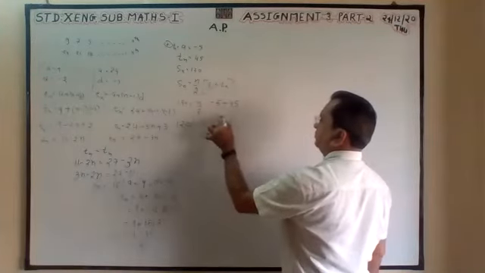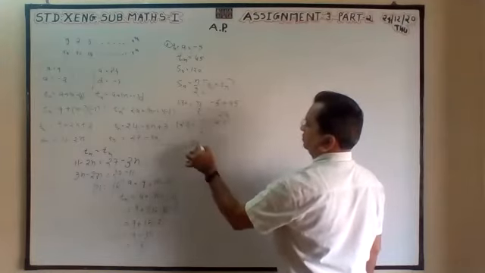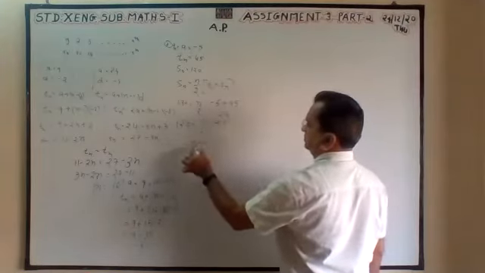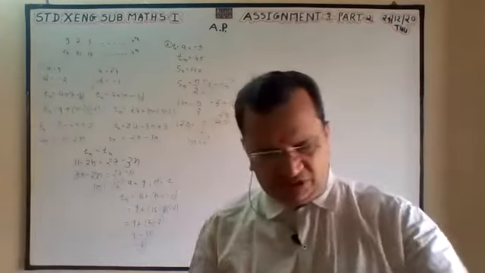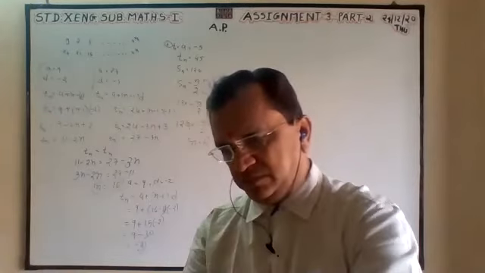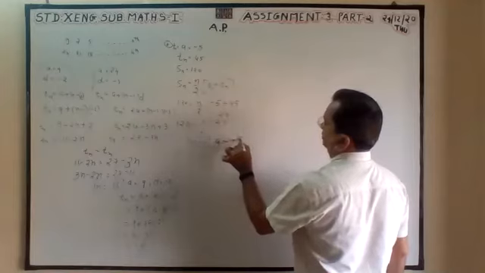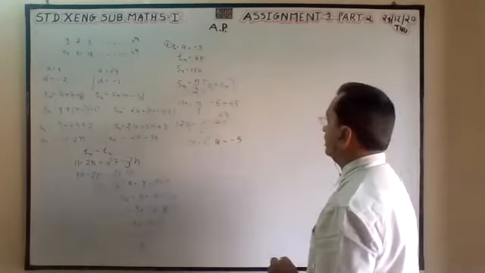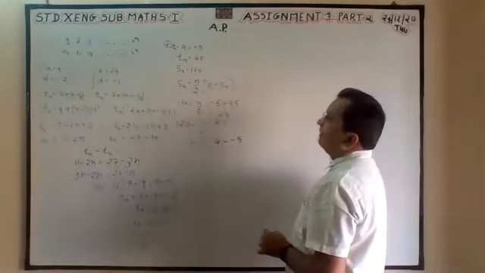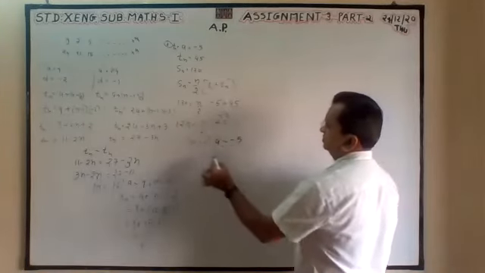You can make it half, then 0, 0 cancel, then half. So n is equal to 6. A is equal to minus 5. Total number of terms are 6.